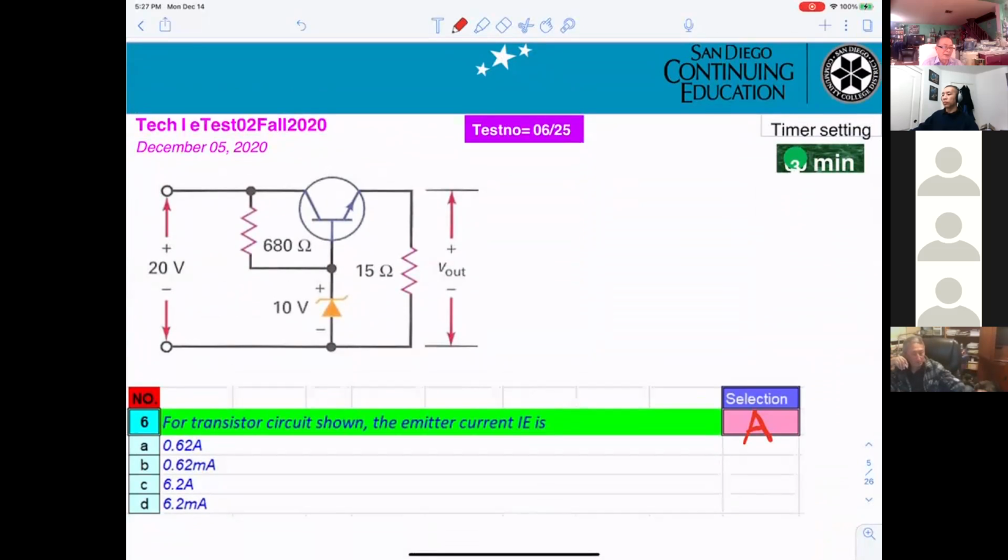How come you get A? You take your emitter voltage divided by your emitter resistor. That means you divide by 15 ohm. Yes, sir. 9.3 divided by 15. Okay. Get it.